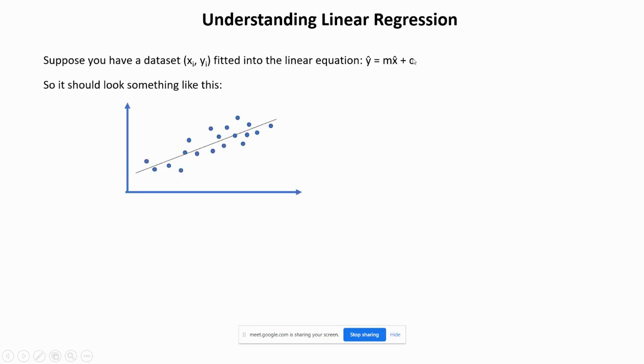If you have all these random data sets x1, y1, x2, y2, and you fit a best fit curve of this form, then we say that we are doing linear regression. Why linear? Because it is a straight line. If it were a curve, a 2-degree or 3-degree polynomial, we would say polynomial regression. So far, so clear? Is there any doubt? No doubt.